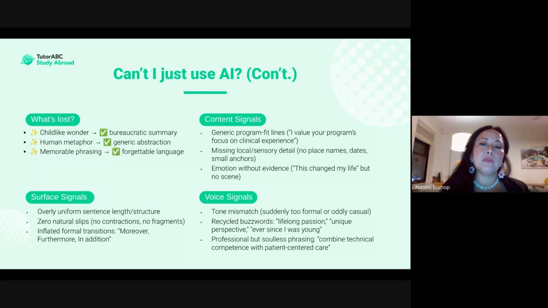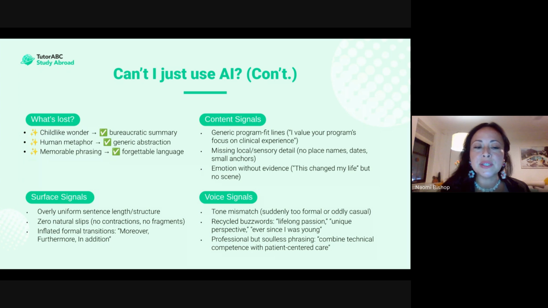It can also provide emotion without evidence and miss local or sensory details, like small anchors. And again, a few other things like overly uniform sentences, no natural slips. It's completely weird for a person, whether a native speaker or a foreign speaker, to not have any natural slips. It's bound to happen, and it's a good thing when it happens.